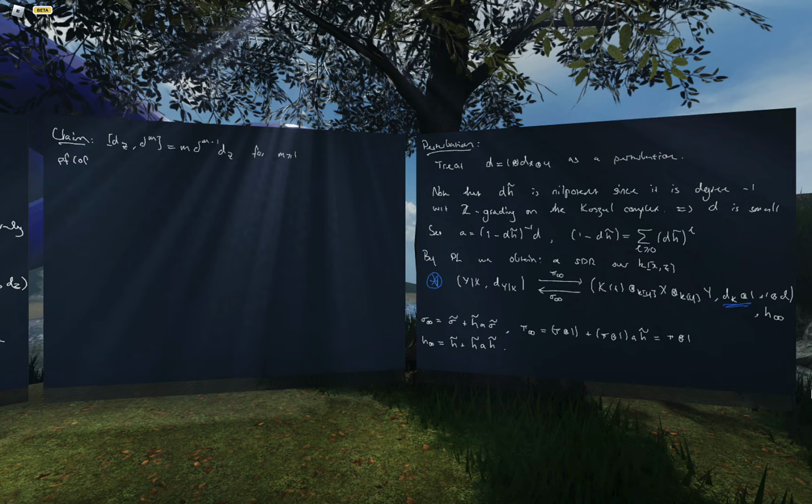Proof of claim. For m equals 1, that is just this thing, and writing in the definition of delta gives us this.